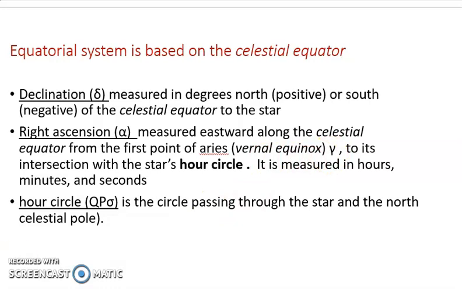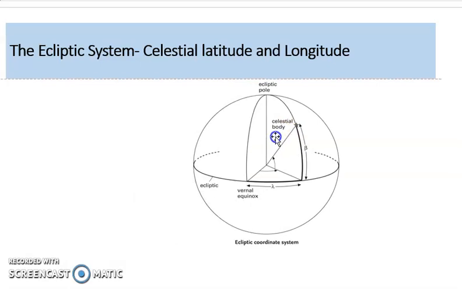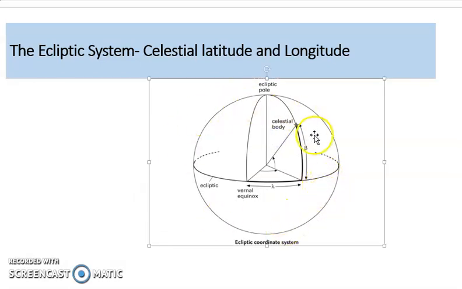And here comes the third system, the ecliptic system. This system is with respect to the relative motion of the sun, or with respect to the ecliptic. The two coordinates are celestial latitude and celestial longitude. Here we can see the celestial sphere.